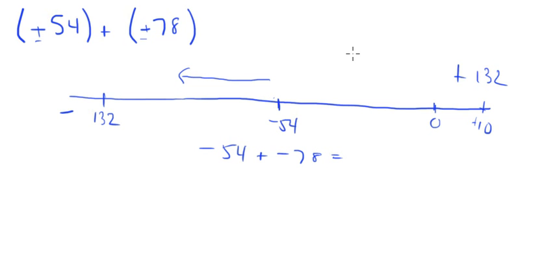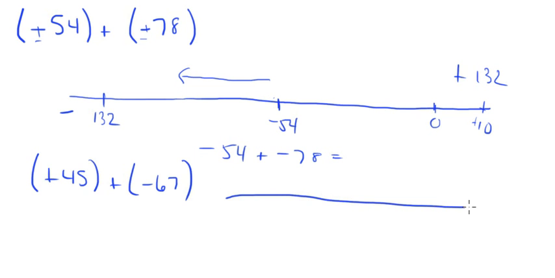Okay, so then our next one is going to be a plus 45, and we're adding to that a negative 67. So if we're doing a number line scenario, I'm going to be over here. There's my 0. There's plus 45, and let's say that's plus 15, that's plus 30, and here's plus 45.